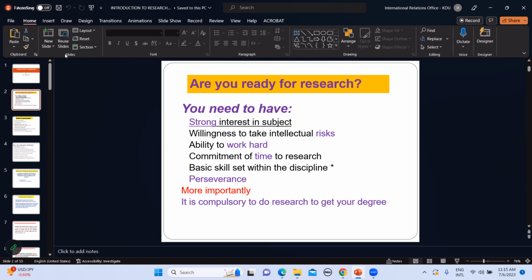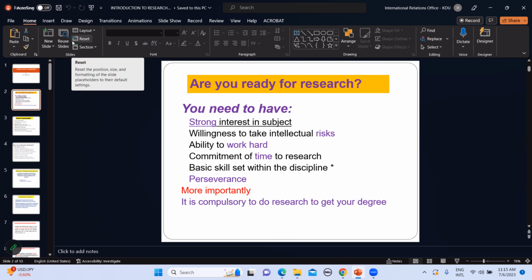Risk means when you do the research, sometimes you may be successful, sometimes unsuccessful. So you have to accept both, right? Unsuccessful doesn't mean your research is a failure, okay? That is also one success story, students, okay?